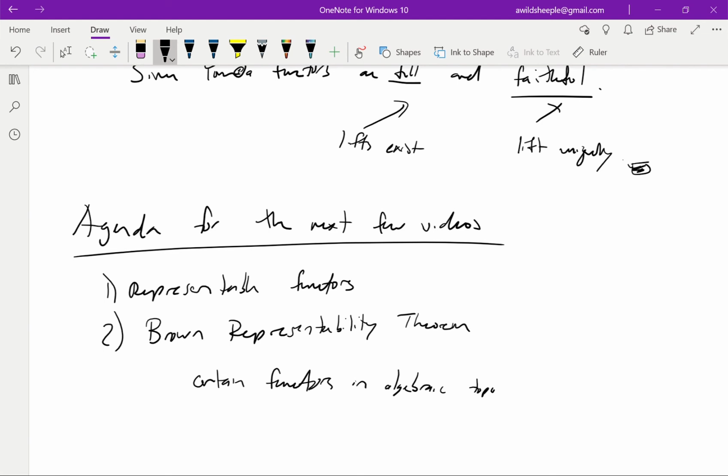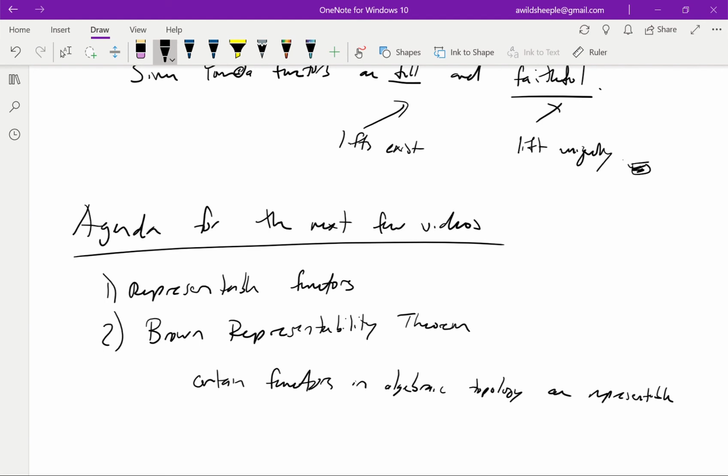And as we're going to see in the next video, the representable functors are in a sense the ones that you can get your hands on and calculate with in a very explicit way. And so the Brown representability theorem will establish for us that certain functors in algebraic topology can be understood out of very simple building blocks of topology.